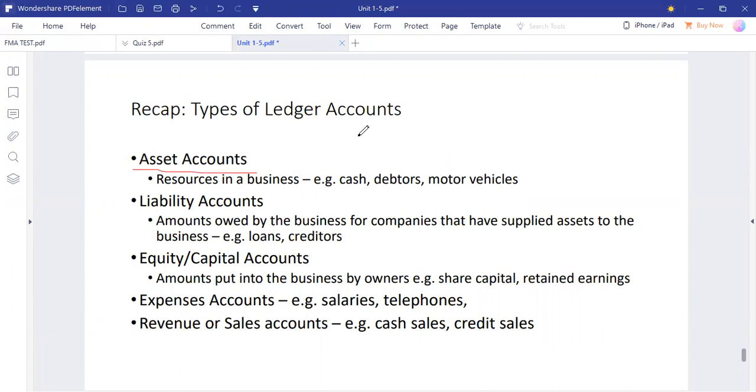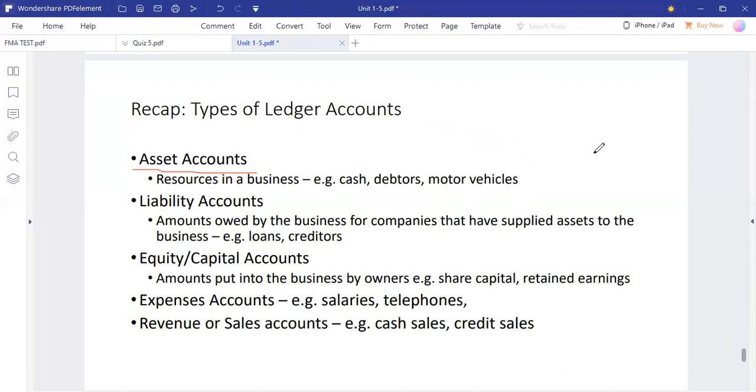Asset accounts really look at both the current and non-current, as well as the intangible assets. So when you're dealing with the current assets, we're basically looking at these assets which are easily convertible into what? Into cash, such as cash, debtors. We're talking about the cash at bank, our prepayments, our debtors. Debtors are also called sundry receivables.